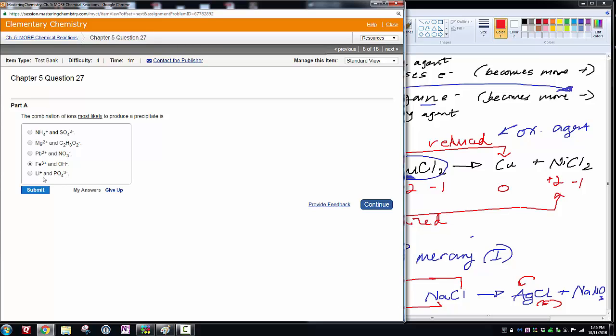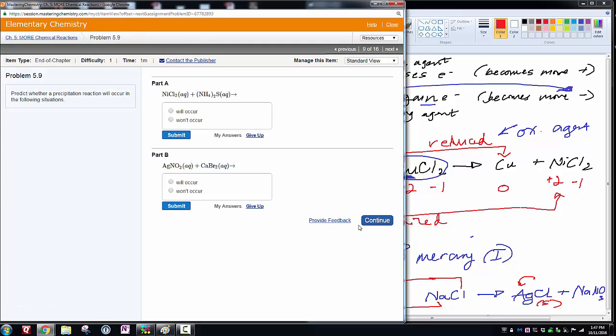Nope, lithium is a group 1 or alkali metal, so it's always soluble, so it's not that. So it's the iron and the hydroxide, because neither of those are listed. So there are 2 ways to determine if something's going to precipitate. Either neither of the ions are listed, or you're looking at an exception to the ones which I told you were always going to be soluble.